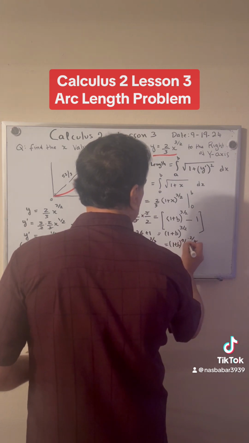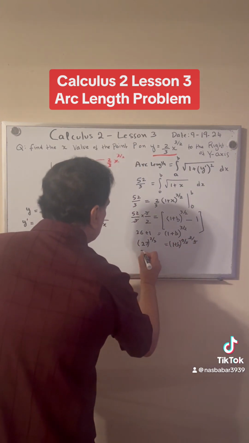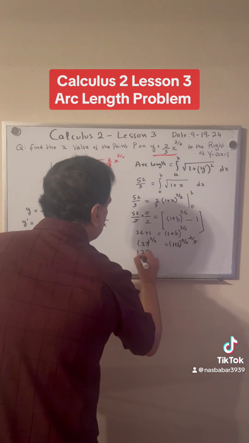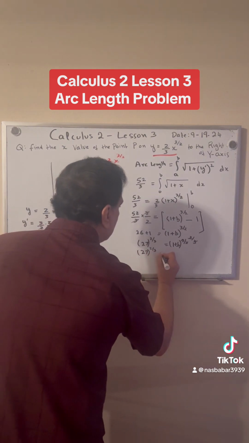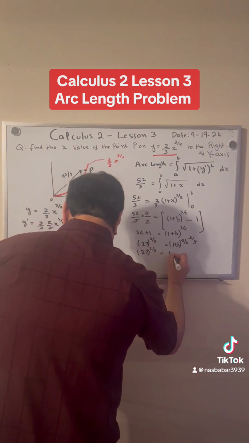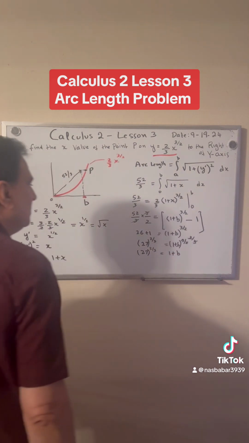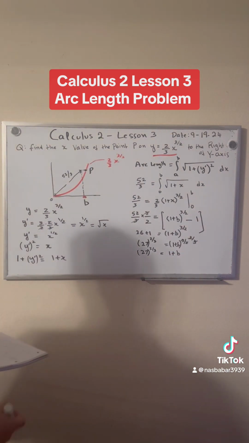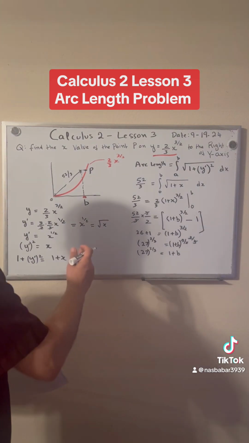This cancels. And then you have 27 to the 2 over 3 is equal to 1 plus b. So how's that? All right. Now what you've got to do is solve this.